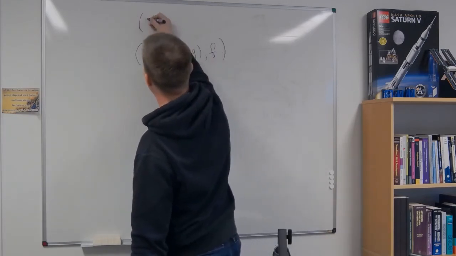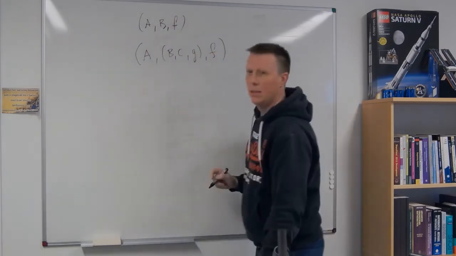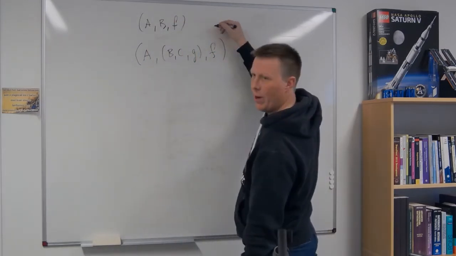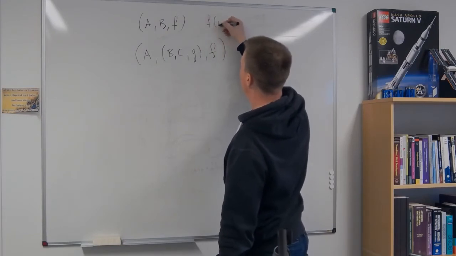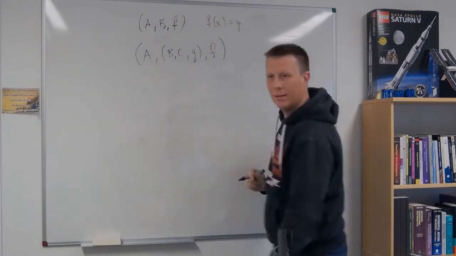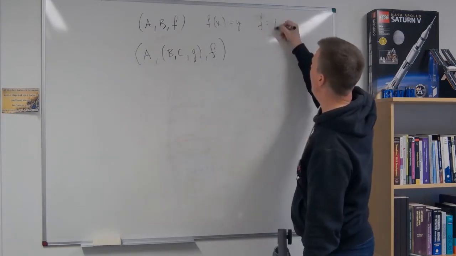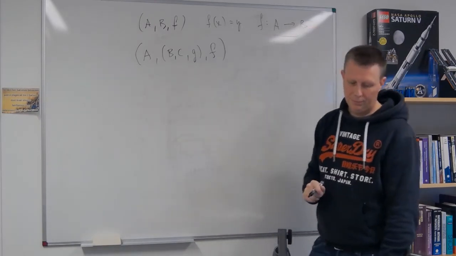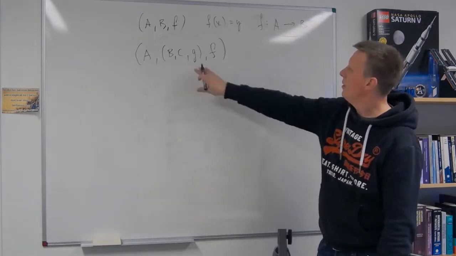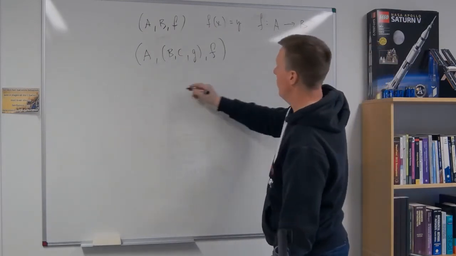So in the first case we had A, B, and F. And we already saw that this was basically what we could say F is X equals Y, using sort of high school syntax. Another way of writing this is F is a mapping from A to B. So if we do that in the same spirit here, what do we have?